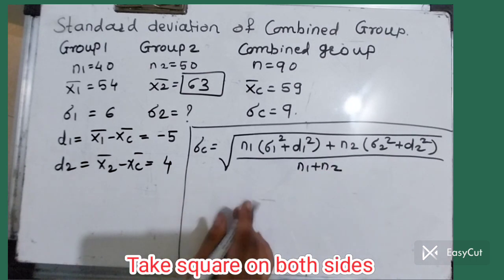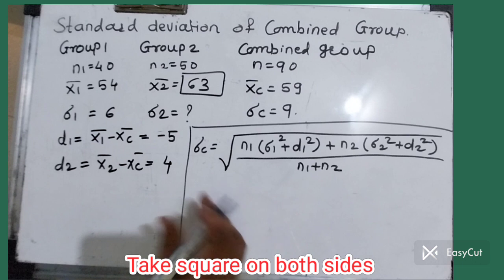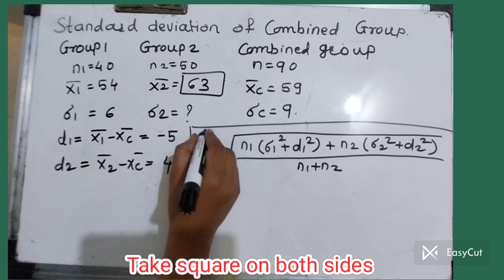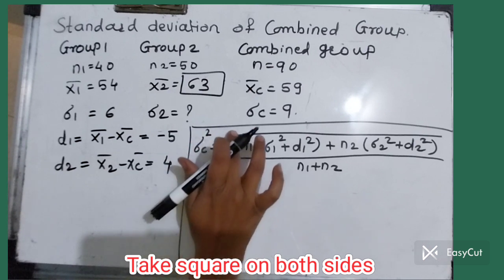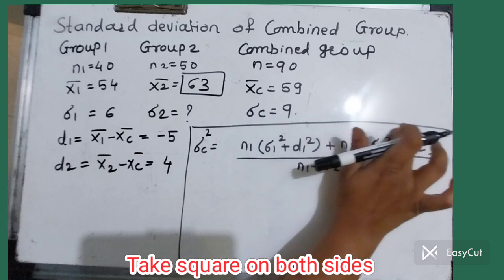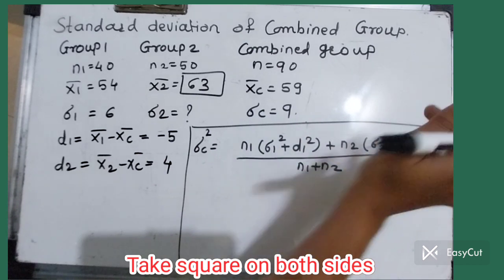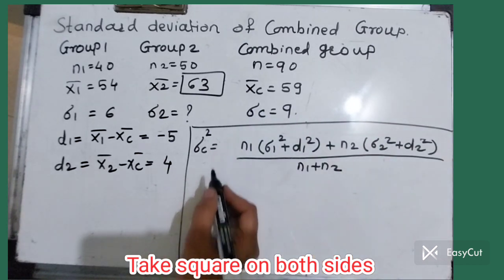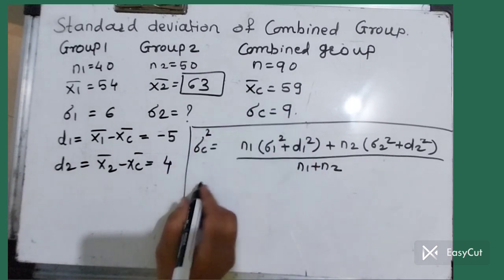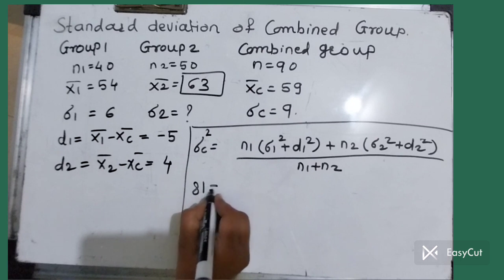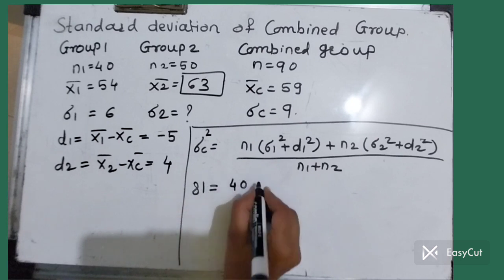Put all values here. If I take square root on both sides, then it will be sigma C square, and the square root will be removed. What they have given here? Sigma C is 9. So the square of 9 is 81.